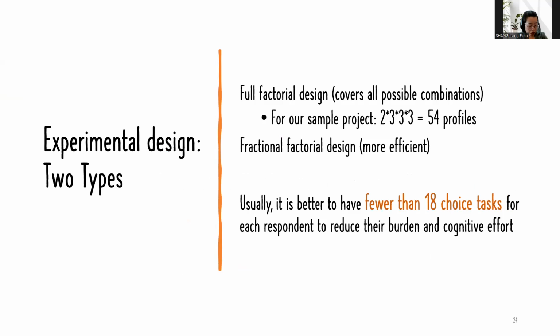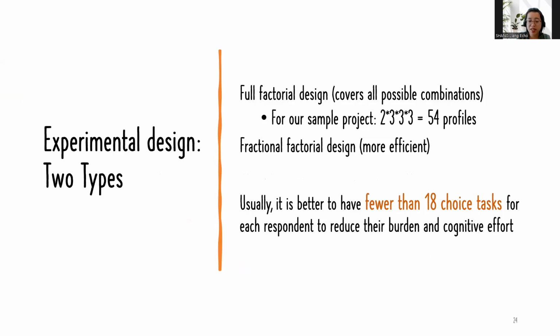After we have our attributes and attribute levels, the next thing we need to do is to design our experiment, design our DCE study. In most cases, there are two different types of experimental design involved in a DCE study. The first is the full factorial design that covers all possible combinations of our attributes and attribute levels.